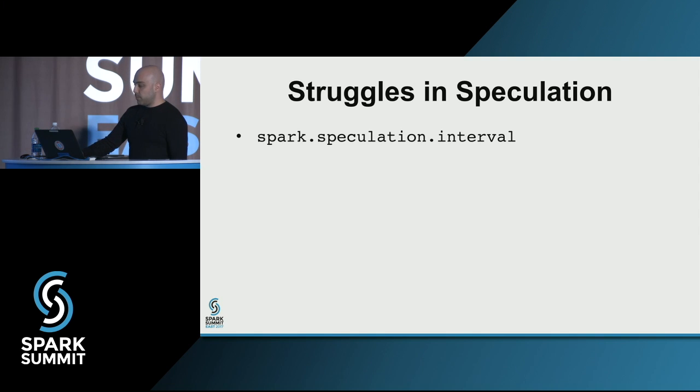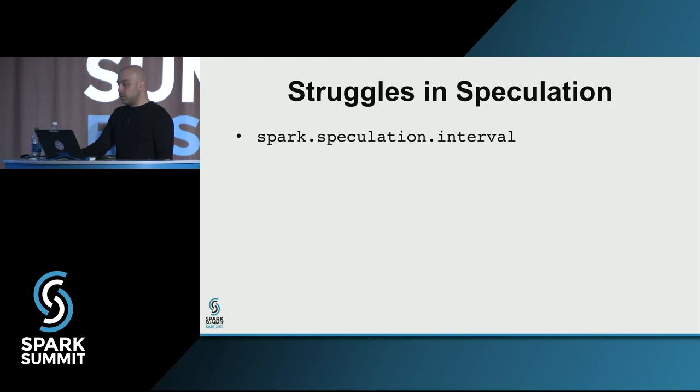There are 3 parameters which control speculation. One of them is the Spark speculation interval, which defines the rate at which Spark polls tasks and checks how they behave, so it can launch speculation.